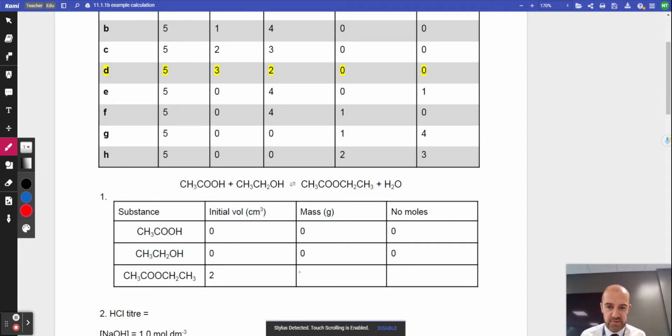We multiply that by the density, which was 0.9. That gives me a mass of 1.8. I then divide that by the relative mass, which is 88, which gives me a number of moles of 0.02.